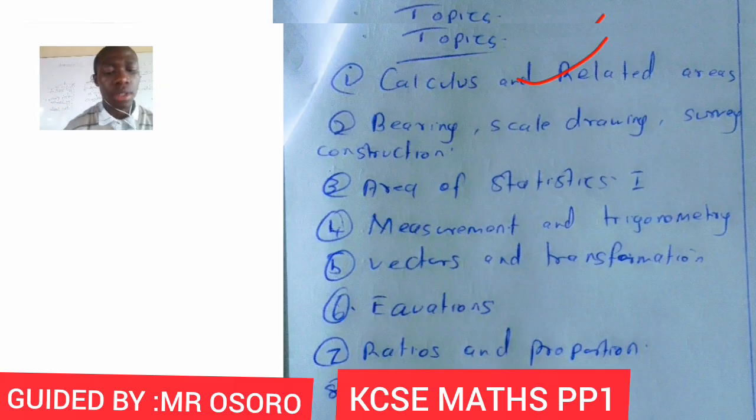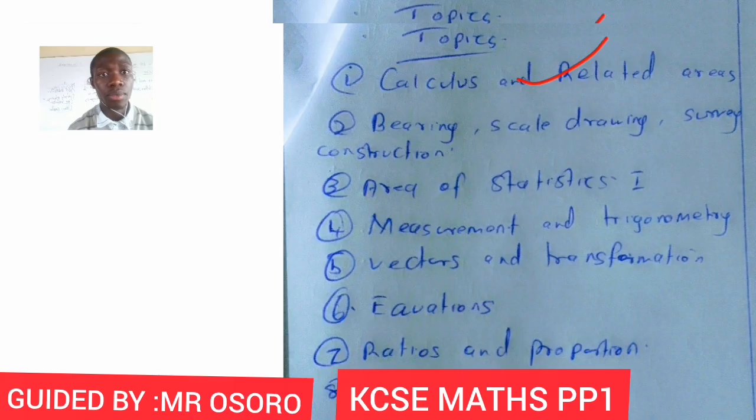It is called calculus and area estimation. So this is a topic in Form 4. You should expect one question in Section 1 and another in Section 2.